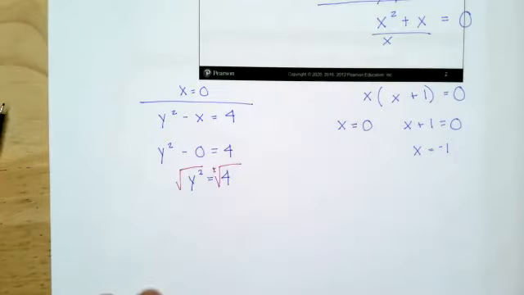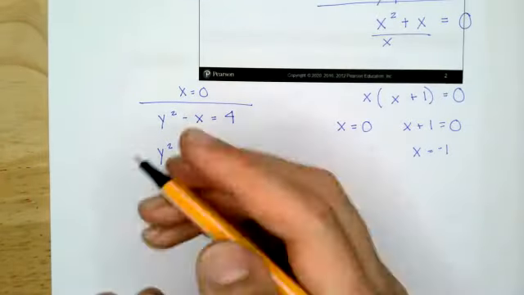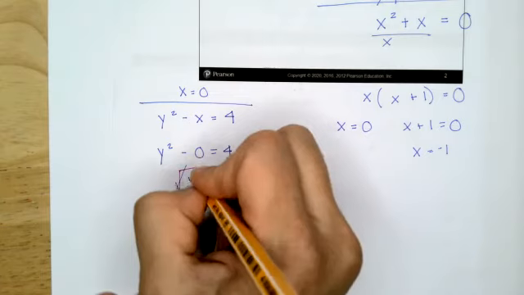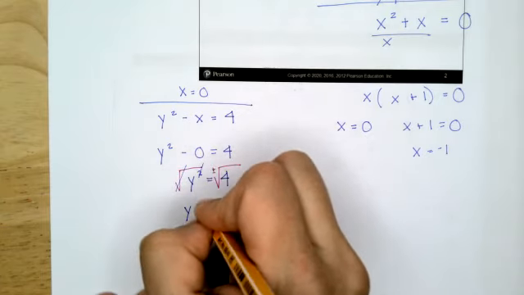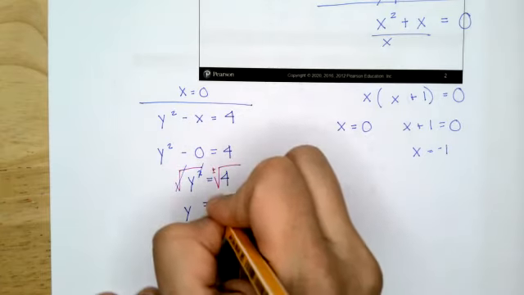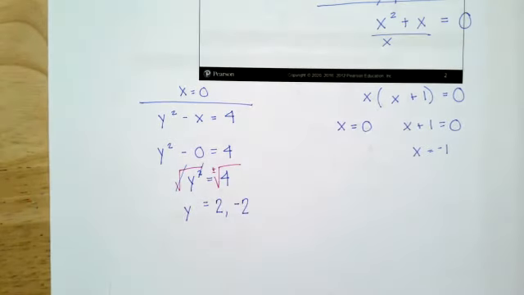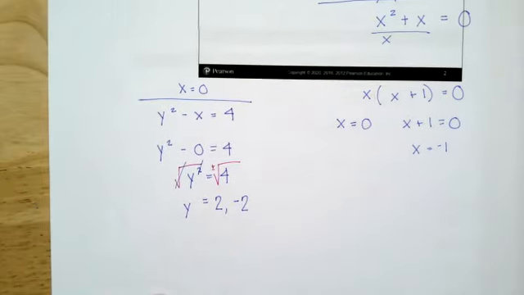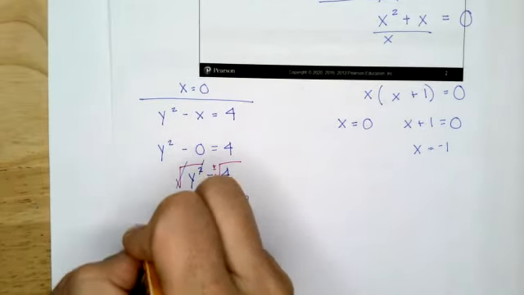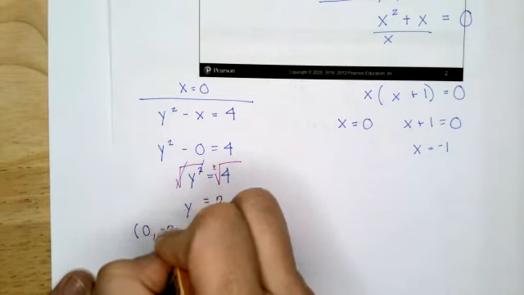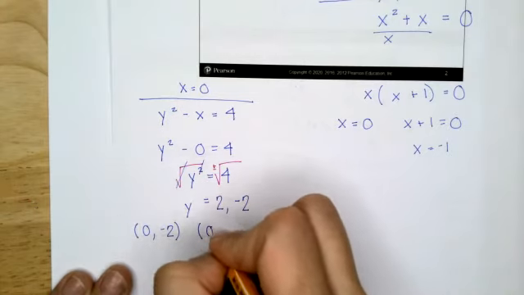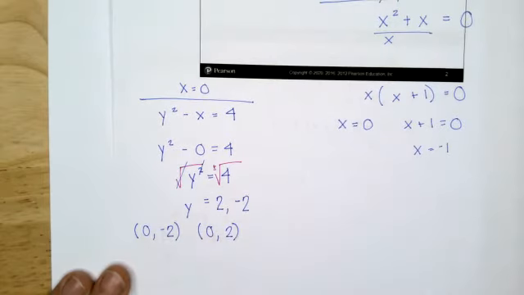Square root has a positive and a negative. Okay. So that cancels that. And we just have plus or minus the square root of 4. The square root of 4 is 2. So y equals 2 and y equals -2. When x is 0, y equals 2 and y equals -2. So that point's going to be 0, -2, and 0, 2.